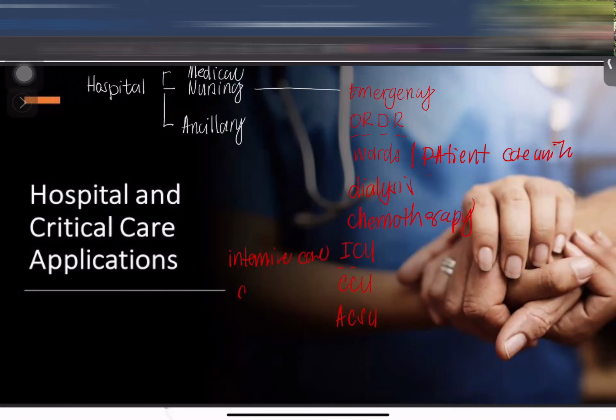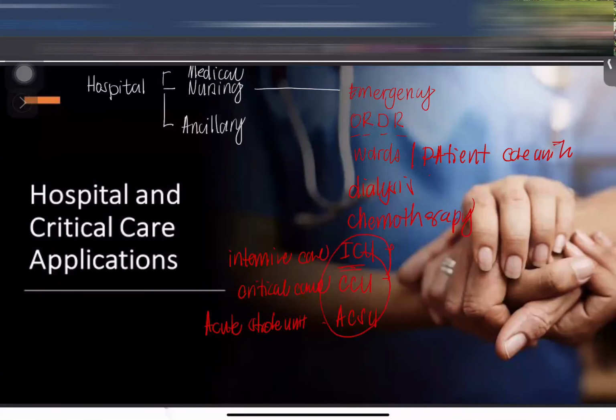CCU is the critical care unit. They are mostly synonymous, but in big hospitals they are separated. Then you have your ACSU, which usually stands for acute stroke unit. In other hospitals, all of these areas are accommodated under ICU, but in more specialized hospitals, they are separated into three.